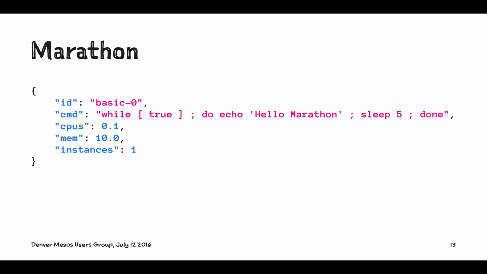It needs a tenth of a CPU, in milli-CPUs, so thousandths of one CPU, and 10 megabytes of memory, and we want one instance of this. So the normal Marathon logic applies here: curl -X POST this up to /v2/apps, and you've got something deployed, or you will have it deployed when the scheduler schedules it, talking with the resources and everything.